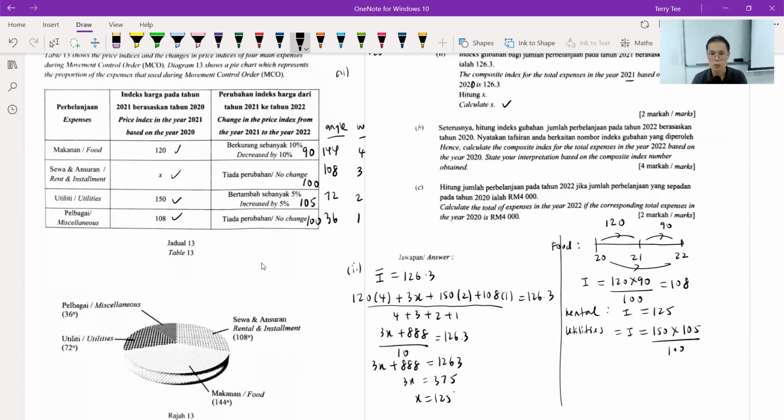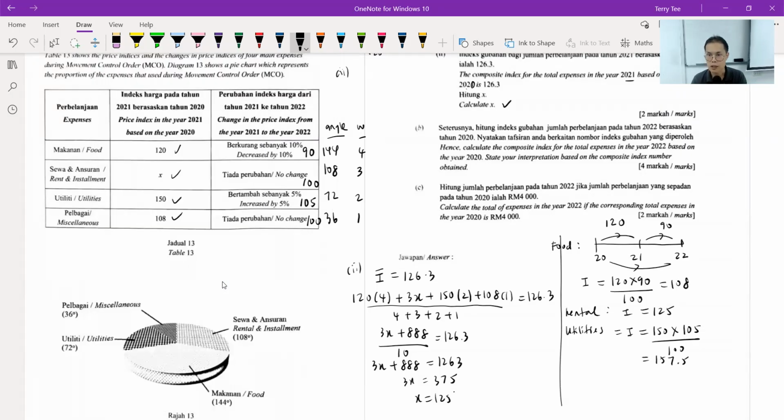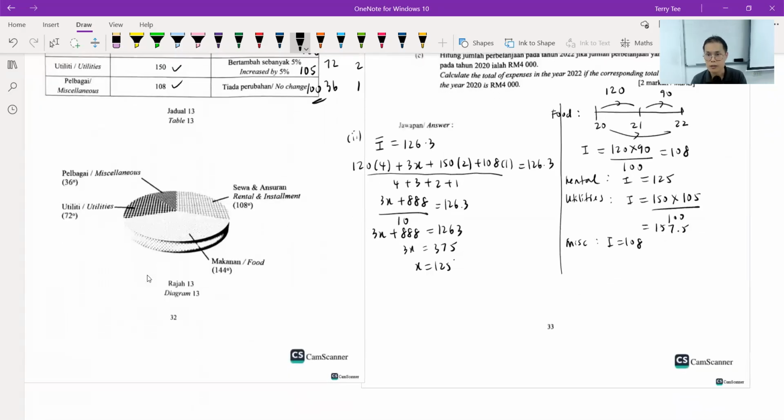Let's count. 150 times 105 divided by 100. I got 157.5. And lastly, we have miscellaneous. Miscellaneous is not going to change because if you have no change from 21 to 22, the index is going to be 108. So now that I have all these done, I need to find the composite index.